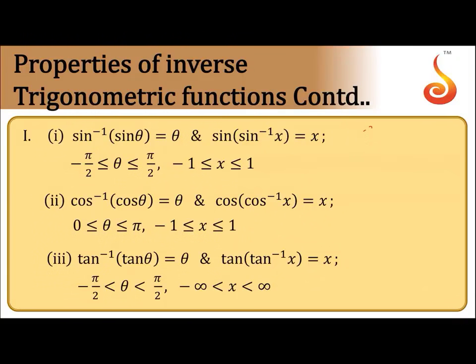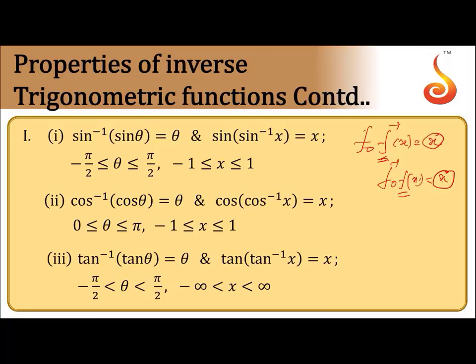We know that if f is any function and f inverse is its inverse, then f of f inverse of x is nothing but the identity mapping x, where x belongs to the domain of f inverse, and f inverse of f of x is nothing but x, where x belongs to the domain of f itself.